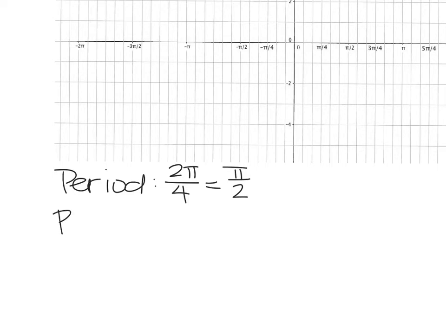Now we want to look at the phase shift. So we have negative c over b, which is pi over 4. So this tells me that our graph has been moved to the right by pi over 4. So these are going to come into play when we pick our values for our table.